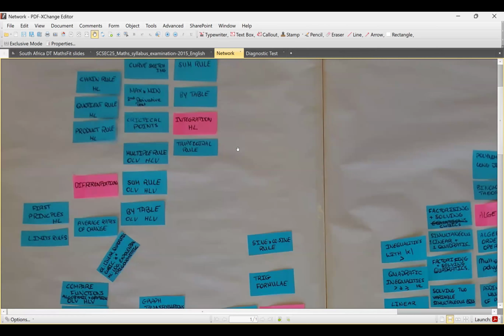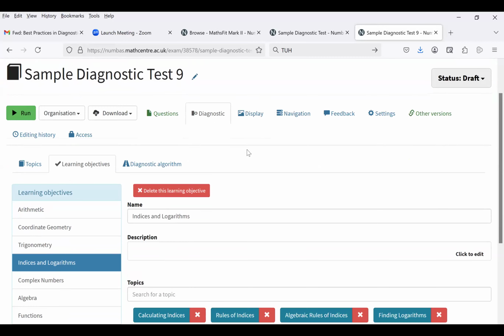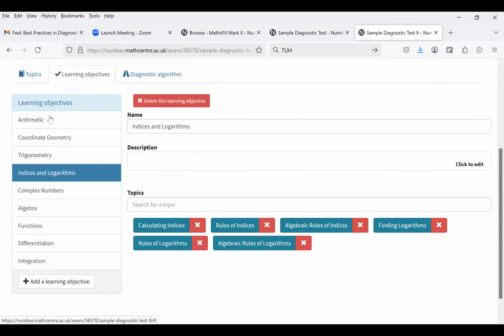Once we had that basic network, we moved into numbers. This is where we are at the moment. We've got what are called learning objectives: arithmetic, coordinate geometry, all the learning objectives we have.